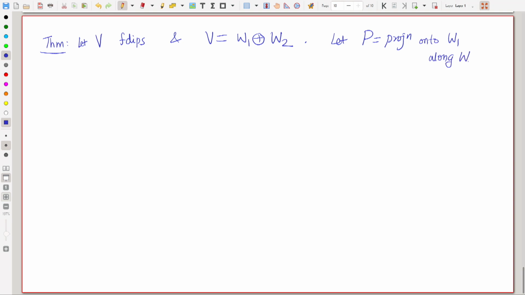Okay, so this is the general projection, right, it projects onto W1 along W2. Then P is an orthogonal projection. So recall, what does that mean? What does it mean to say P is an orthogonal projection?